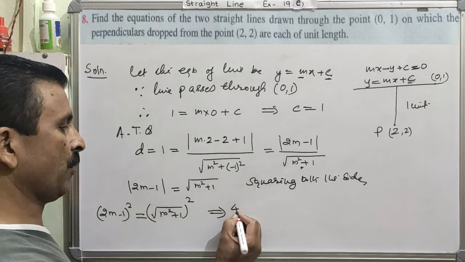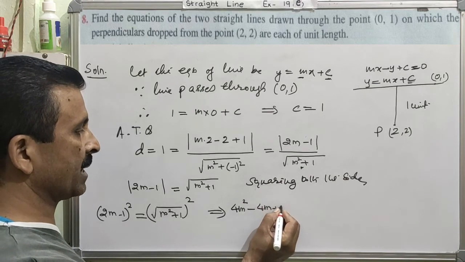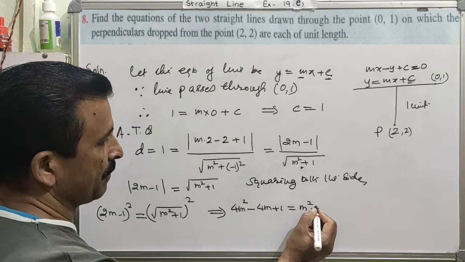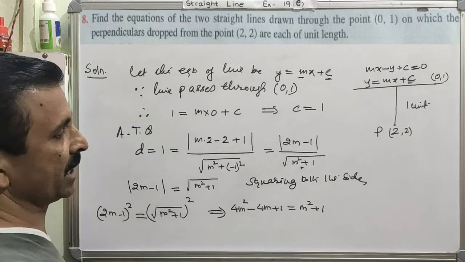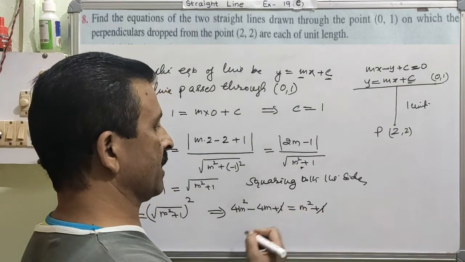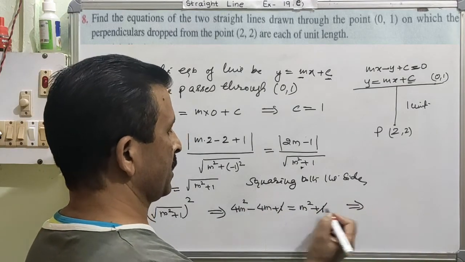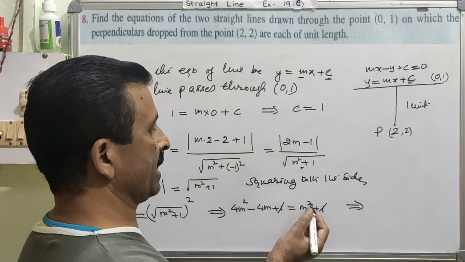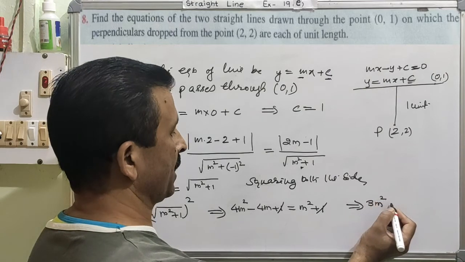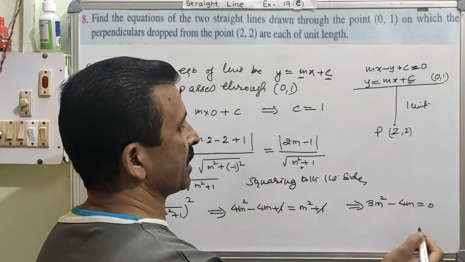So this will be 4m square minus 4m plus 1. On the right hand side we will get m square plus 1. Now you can collect the like terms. So this plus 1 cancels. Now m square will come to this side. So 4m square, and then this will become minus m square. So this will become 3m square, and this is minus 4m is equal to 0.